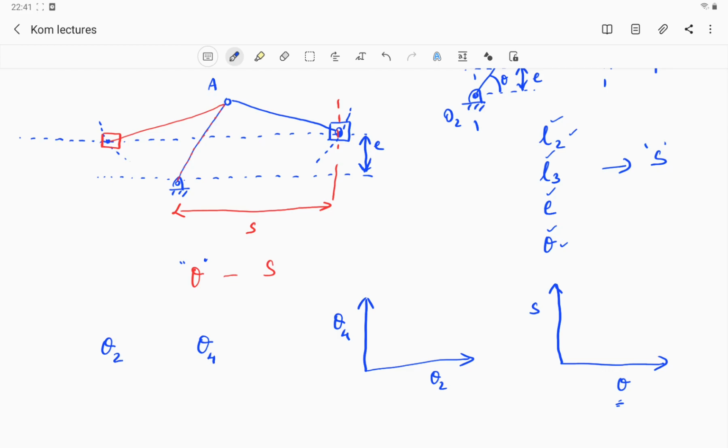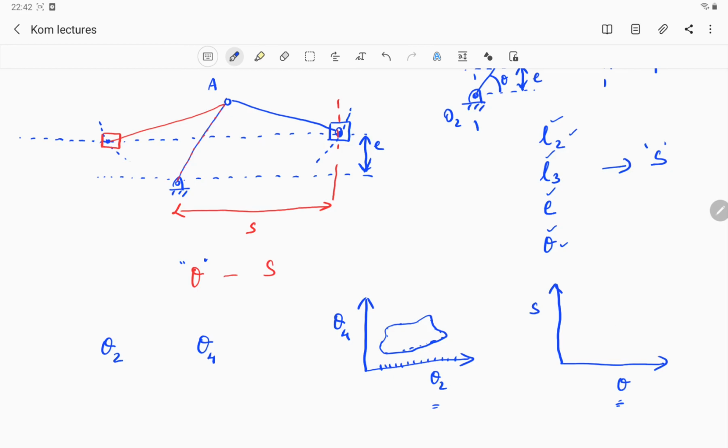So now, how can I identify the relation? To identify the relation, we have to construct the configuration of the mechanism for different values of theta 2. For different values of theta 2 we will get different values of theta 4, maybe something like this, and then if we join all these together, we'll get a relation.